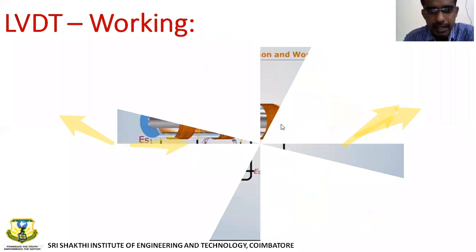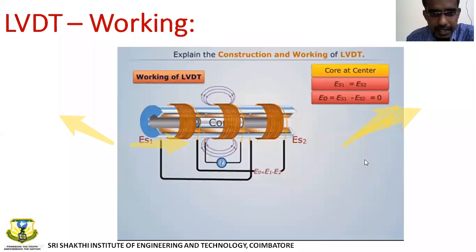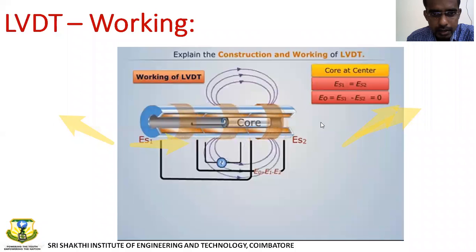You can see it here. Core is at the center. Now the core moves this side, upwards or left side. So the voltage on this coil is more. So this movable arm is connected to your mechanical machine. When the core moves, accordingly the output voltage is going to differ.